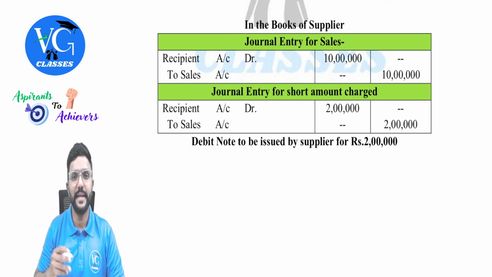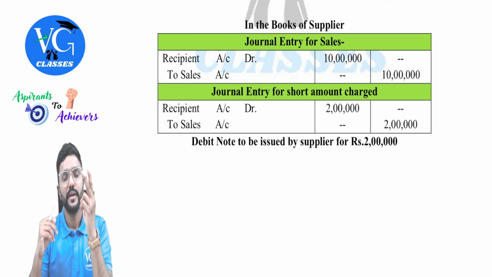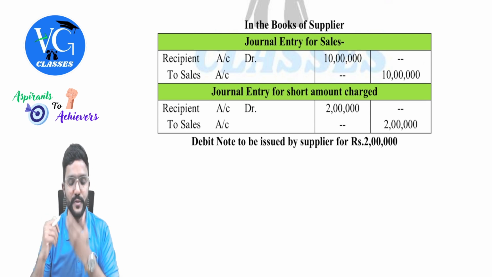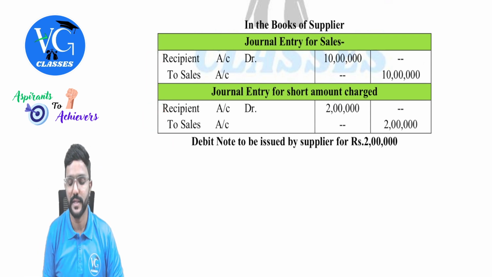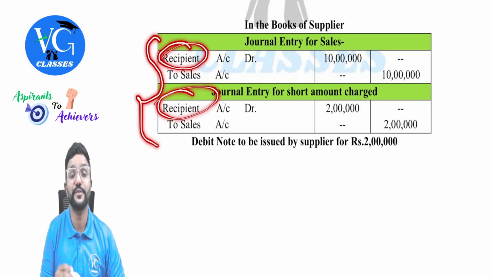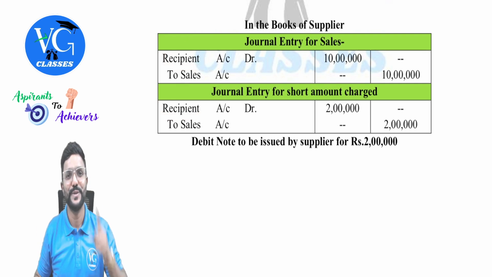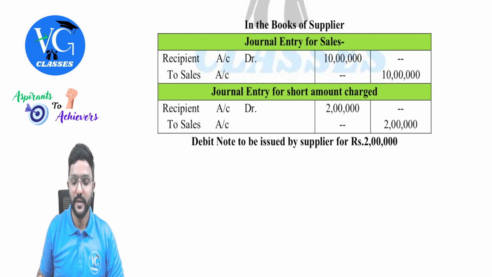But later we realized that it was supposed to be 12 lakh. So I have charged only 10 lakh, 2 lakh less. So I am passing the same entry again for another 2 lakh: recipient to sales, 2 lakh. So after this, your account has a debit balance of 12 lakh in my books. So you are supposed to pay me totally how much? 12 lakh. For 10 lakh, I would have already issued the invoice.